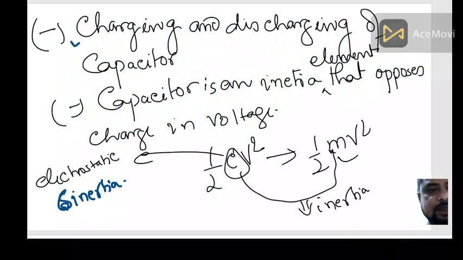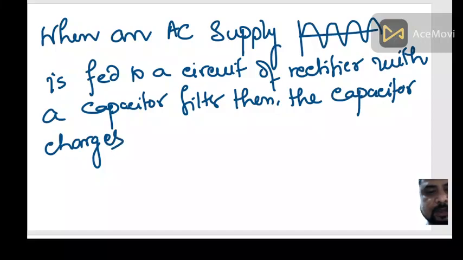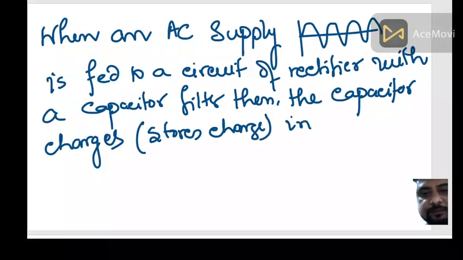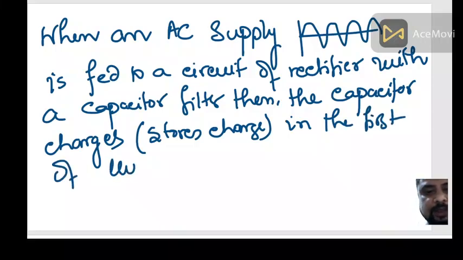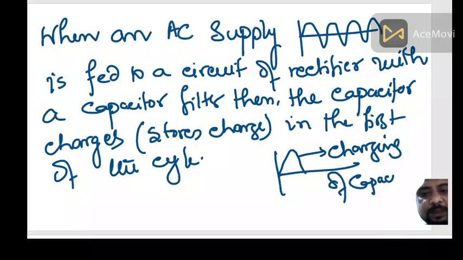The first process I discussed is the charging and discharging of the capacitor. The capacitor charges in the positive half of the input AC, in the first half of the cycle, when the peak is positive.